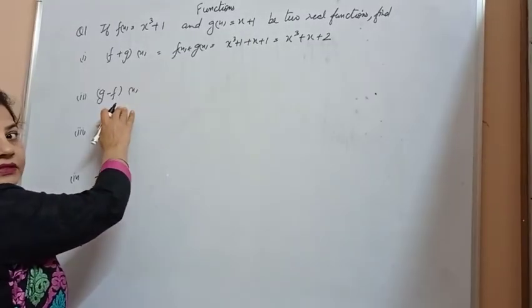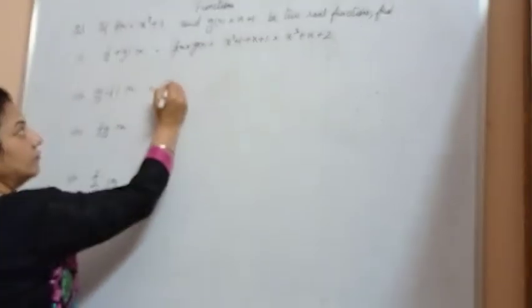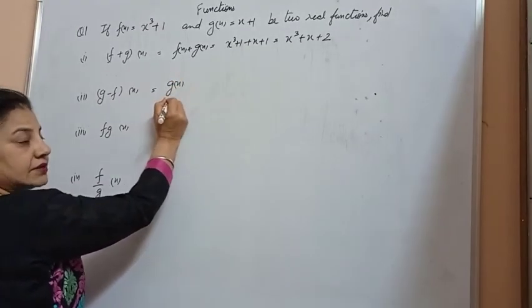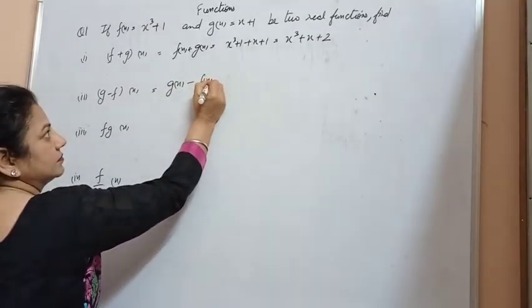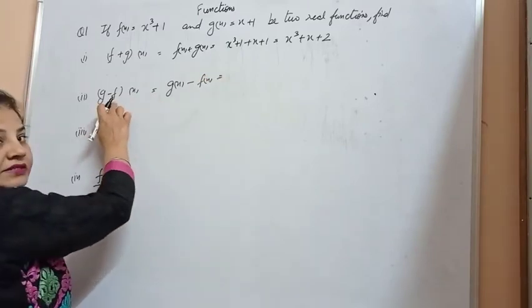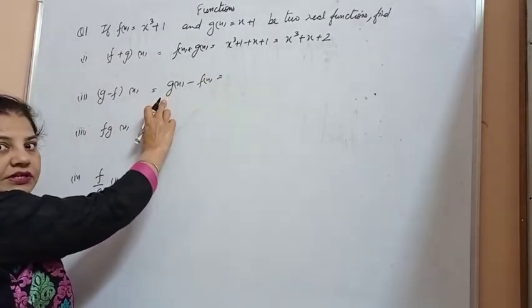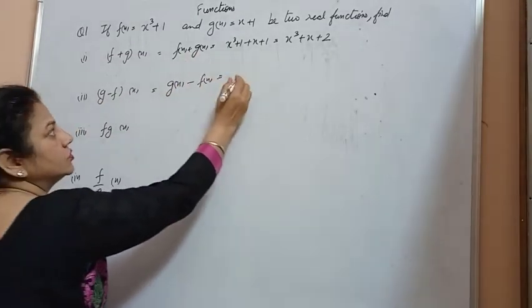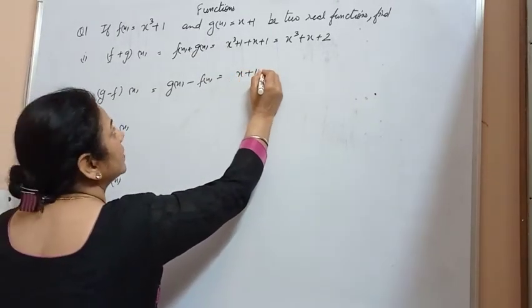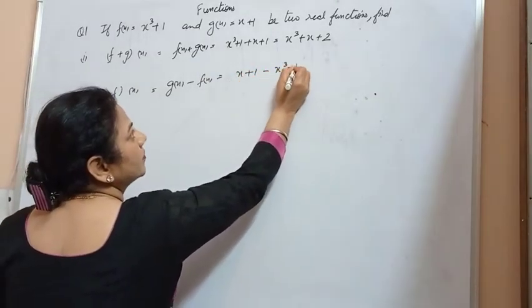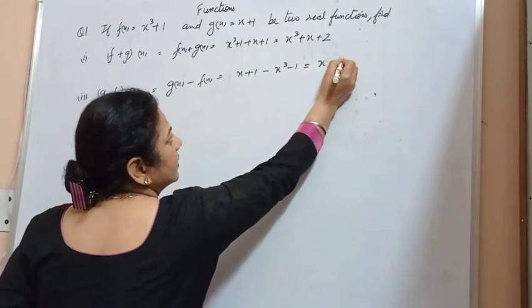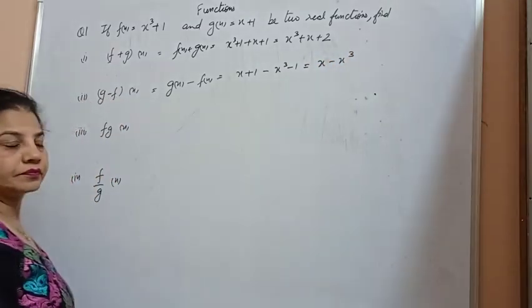g - f means we have to subtract: g(x) - f(x). So g(x) is x + 1, minus x³ minus 1, which is equal to x - x³.